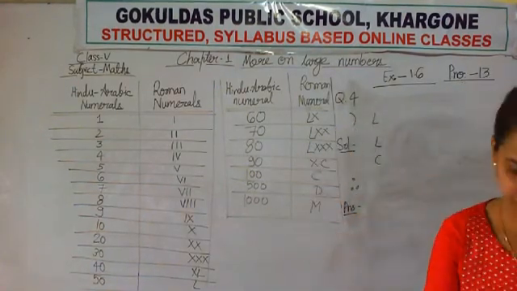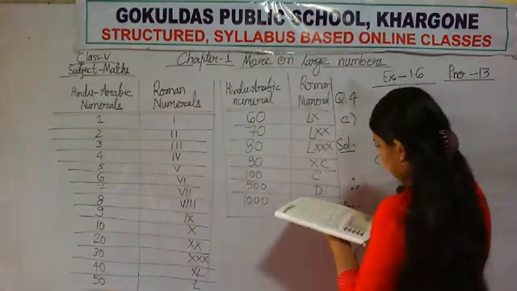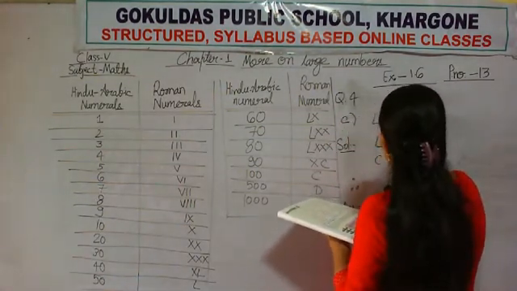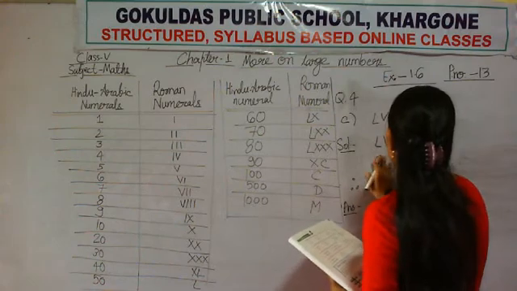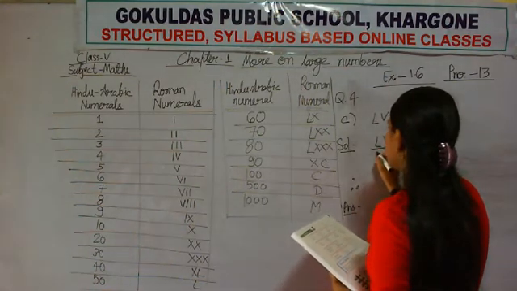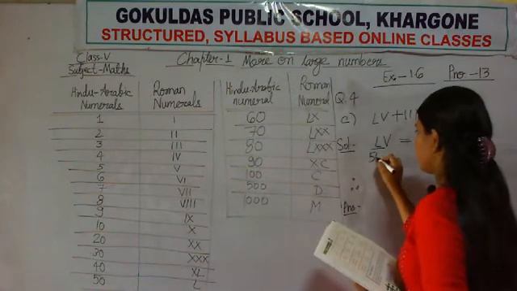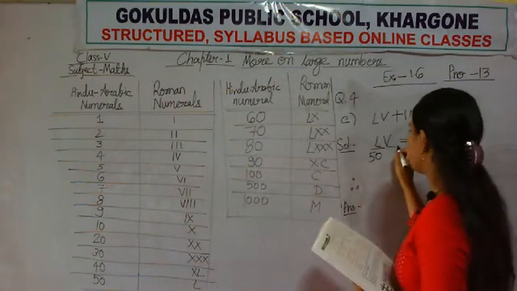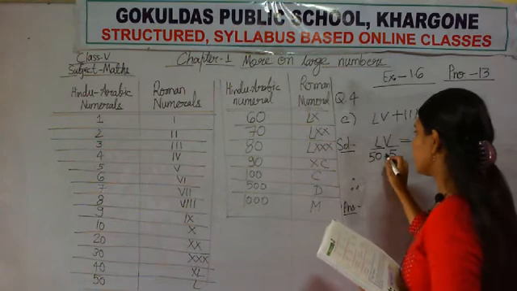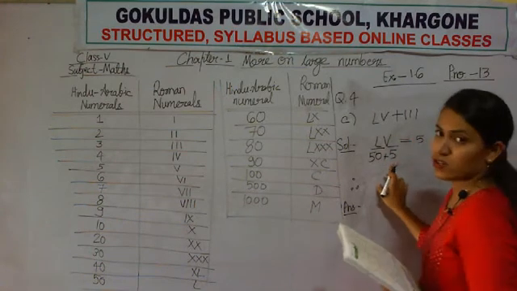Part C. LV plus III. LV means what? L means 50 in Hindu Arabic numerals and V means 5. 5 is smaller, it shows addition because it is at the right.